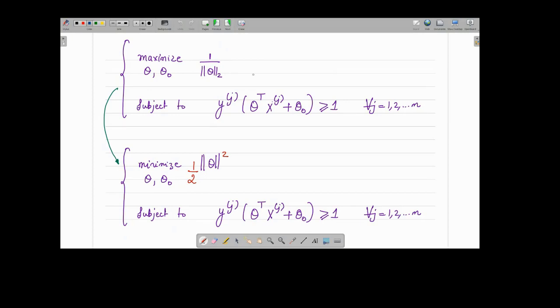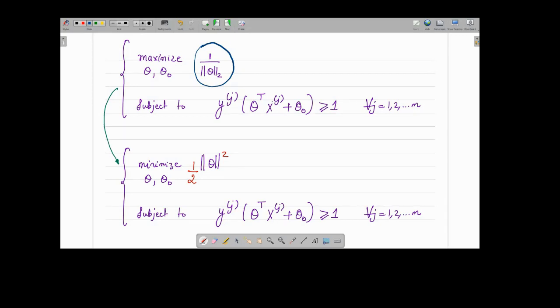In this slide, what we are trying to do is minimize the optimization problem. Right now it's maximize, so we want to convert it into a minimization setting. You know that to convert maximization into minimization, in this case you can flip the denominator and make it the numerator.